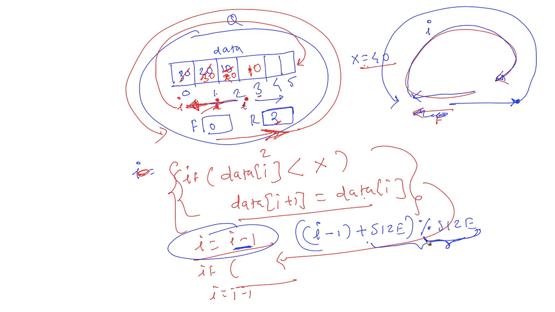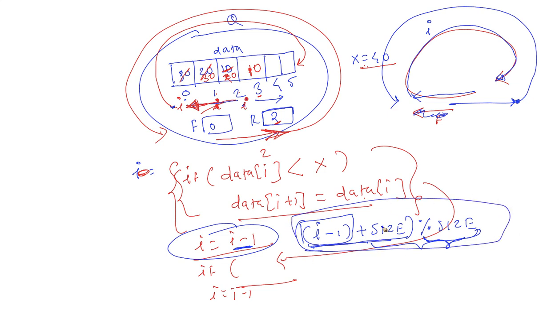Till this point, the decrement is a linear decrement, till you come here. But when you come to this location and want to go around like this, the complete formula will be used.